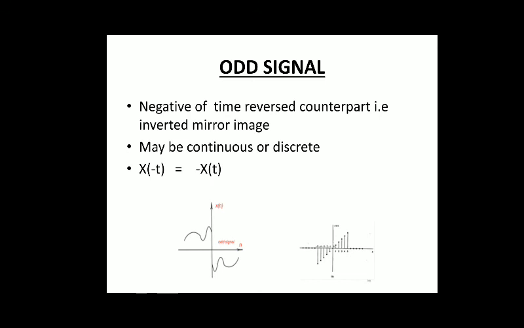So if a signal graph is given, we can easily determine whether it is an even signal or odd signal from the picture. But if a function is given, we have to draw the signal, and in some cases it is not always possible, so we have to know the mathematical function to determine whether it is an odd or even signal.